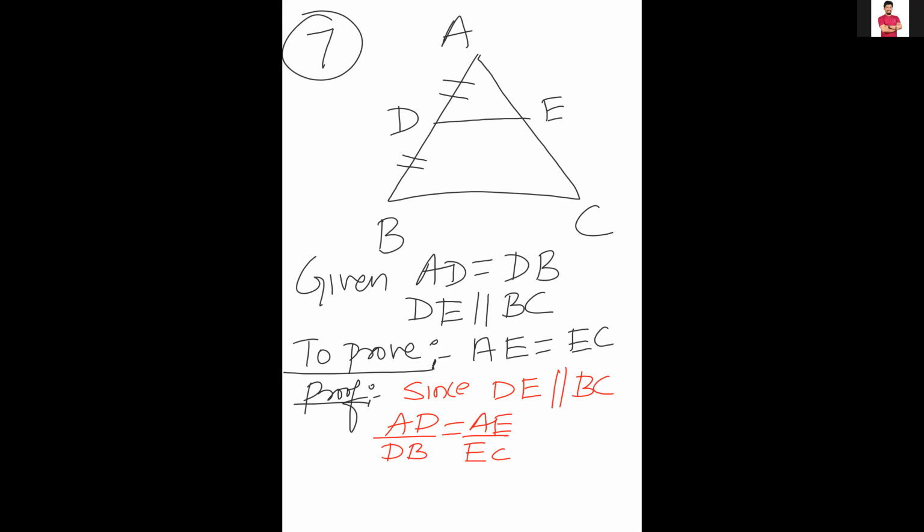Now AD by DB is equal, so this will cancel out. So 1 equal to AE by EC, cross multiplication, you will get the answer. Clear?